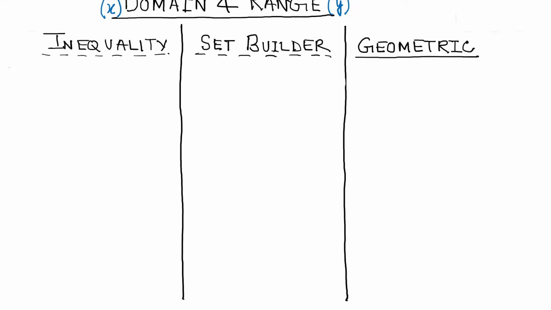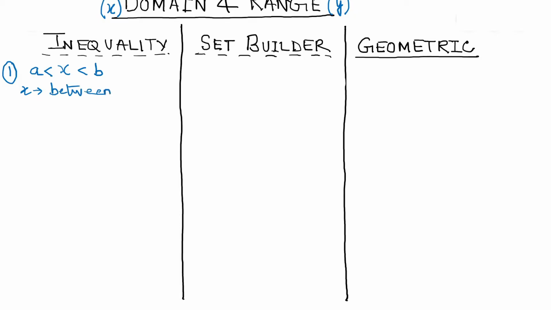Okay, so let me take the first case here. Let me say that x lies between a and b. The point to understand here is x is in between a and b.